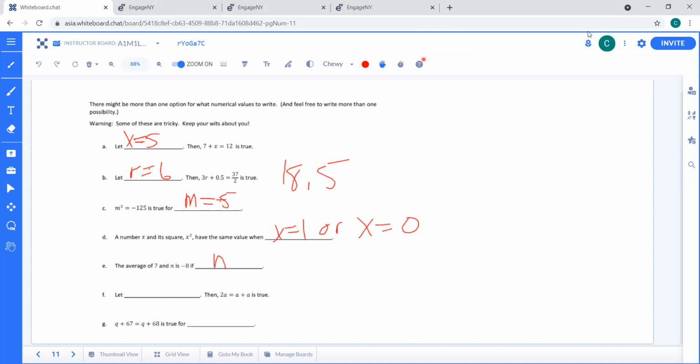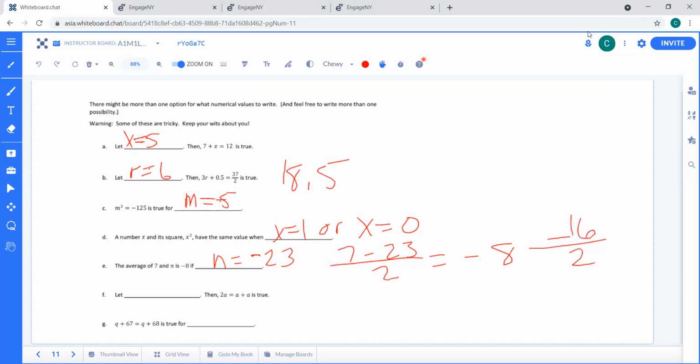Okay, so n would have to equal -23, right? Because 7 minus 23 divided by 2 is equal to -8. Because 7 minus 23 is -16 over 2.